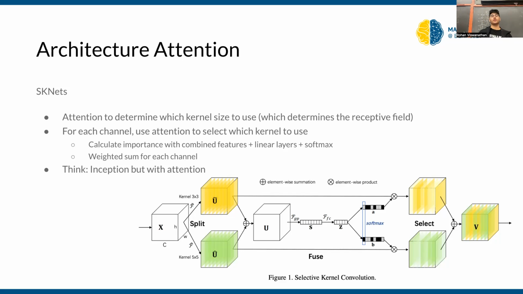So here you're creating an intelligent way of selecting a kernel, combining these features, and again running softmax on the result to figure out which feature combinations of channels are more important.